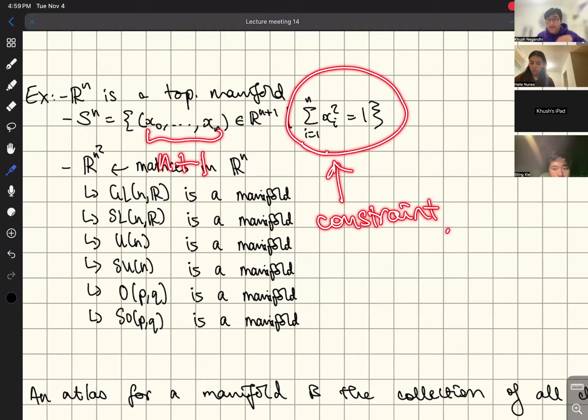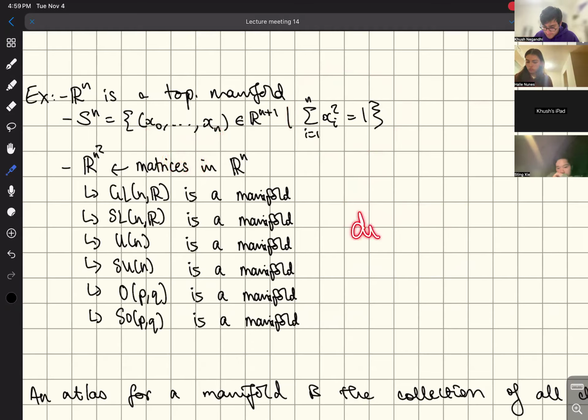I can reorganize this constraint to solve for one of the coordinates using the implicit function theorem. So we somehow remove one dimension because one of the coordinates is determined by all of the others. So using the implicit function theorem, I hope it's at least intuitive to see that S^n has n dimensions as a smooth manifold.